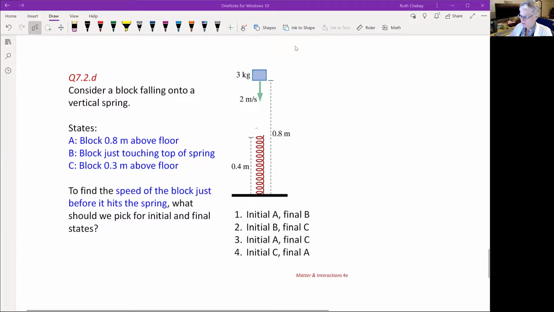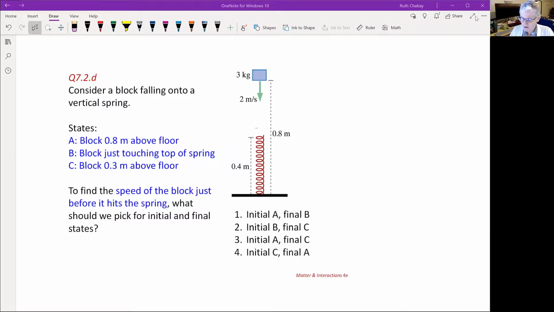Okay, so you voted overwhelmingly for 1, which is right. So, good job. Why is it right? Well, because what we're trying to find out is the speed of the block just before it hits the spring, which means that has to be one of our states. So a rule of thumb for picking states is if you need information about some state, that's got to be one of your states.